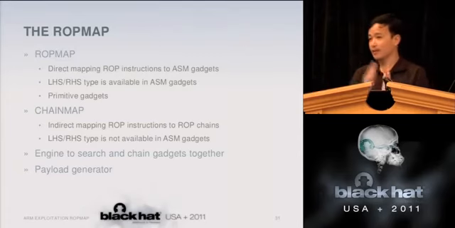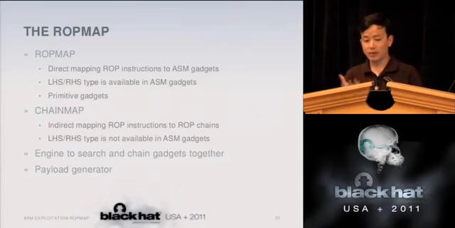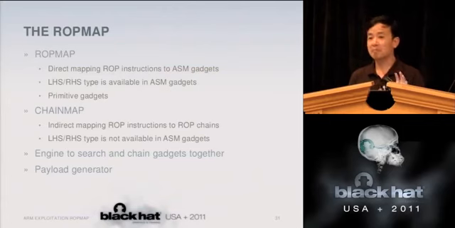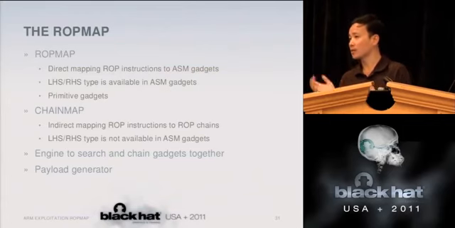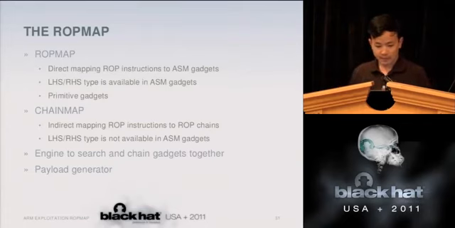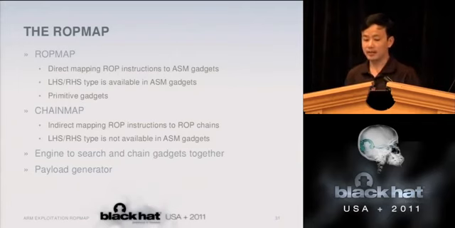So we will have a complete map from ROP instruction to assembly gadget or to another ROP instruction. Then we define an engine to search and chain gadgets together based on the map.